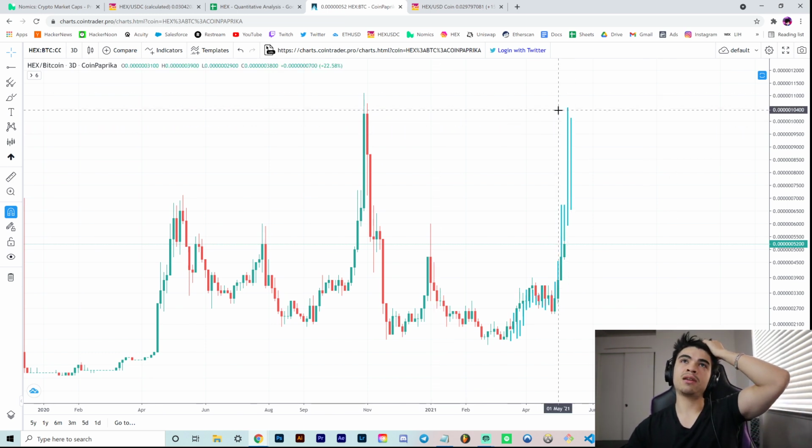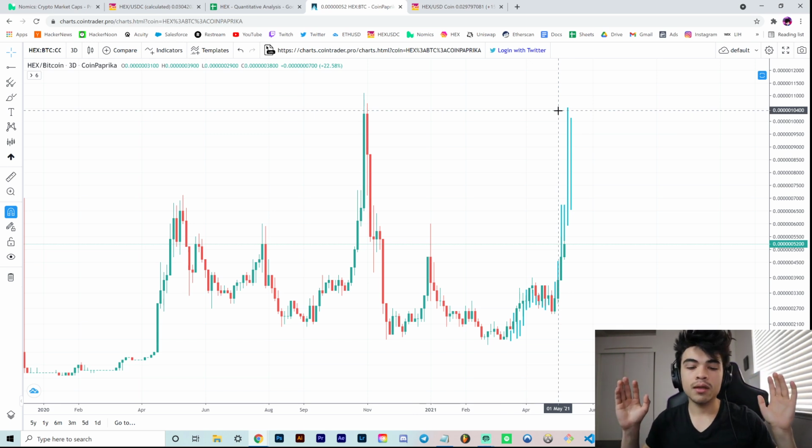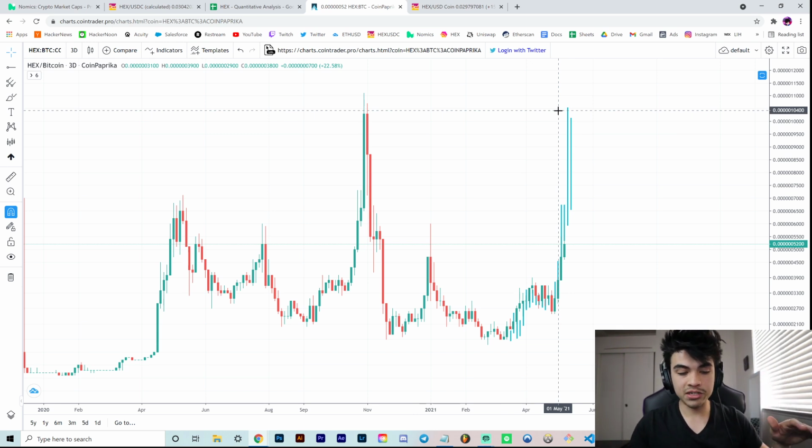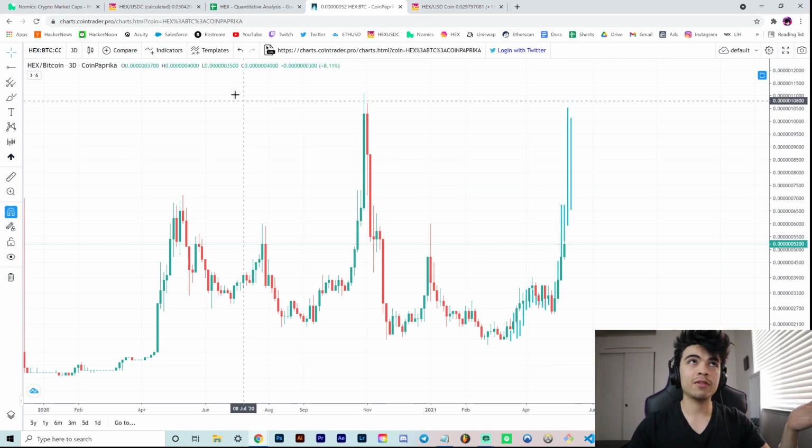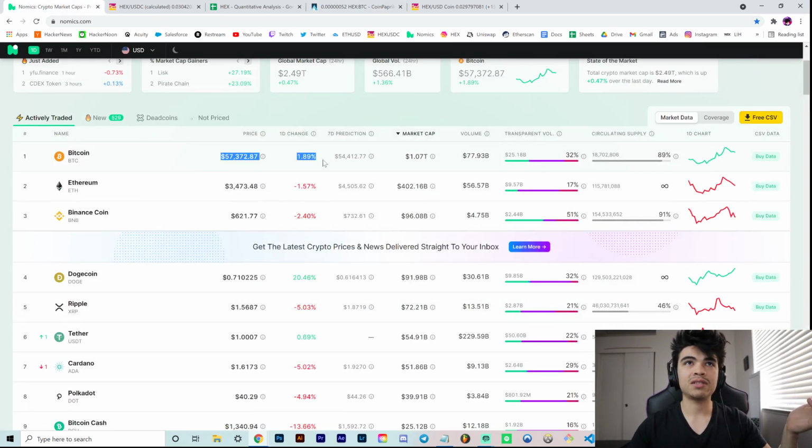And what would this mean if Bitcoin just stays constant, which probably won't, but given the fact that it's been at like 57K for how long now? It's been consolidating for a minute now, so we can consider it stable for now. So let's say $57,000, $58,000 Bitcoin.